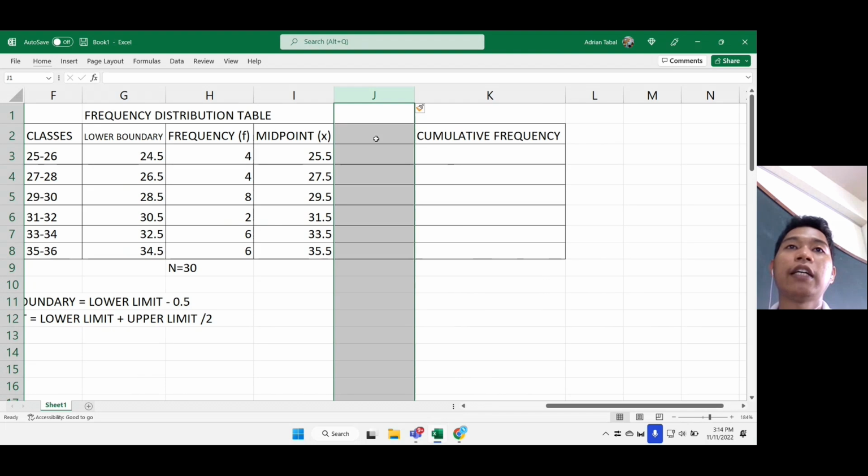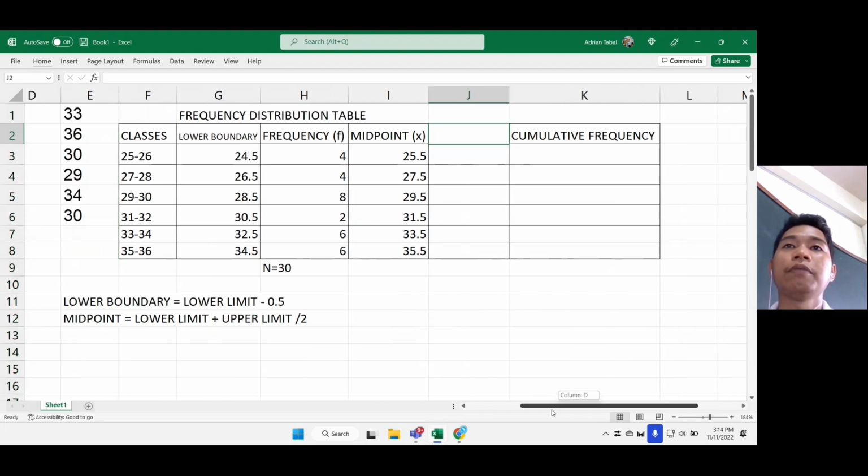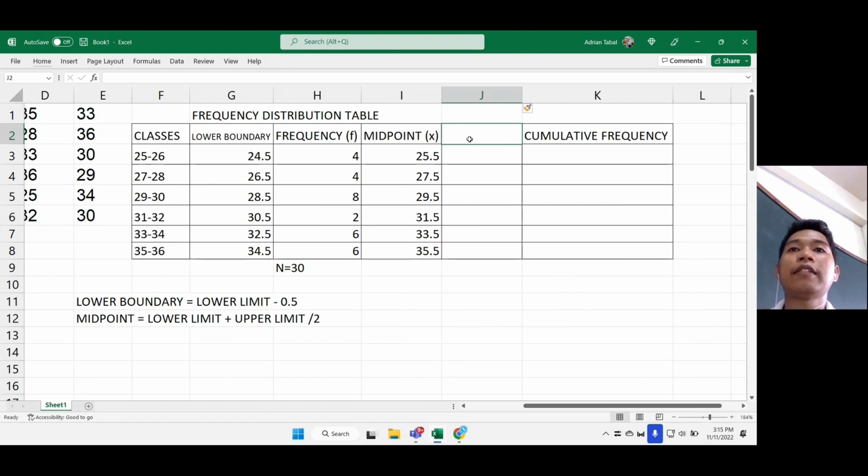So we will insert another one, the table. So the next table is frequency times the midpoint. So we are going to multiply frequency and the midpoint. So that is 4 times 25.5. So we have the frequency, we have f times x.